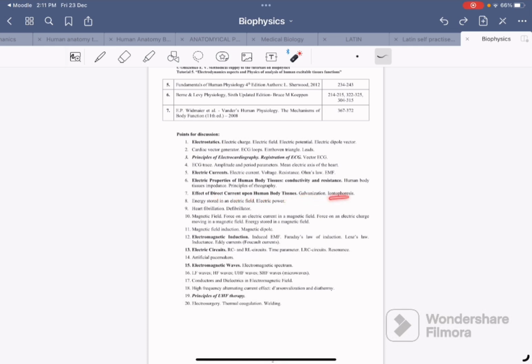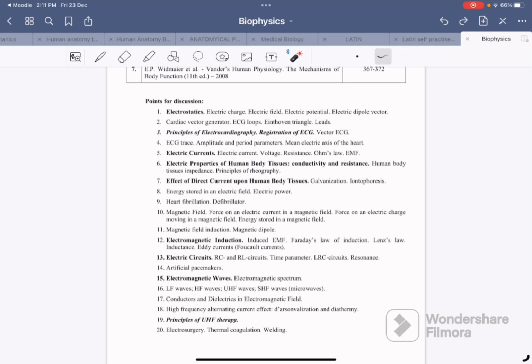Galvanization, and two processes, I don't know how to pronounce it, but just look at the matter.